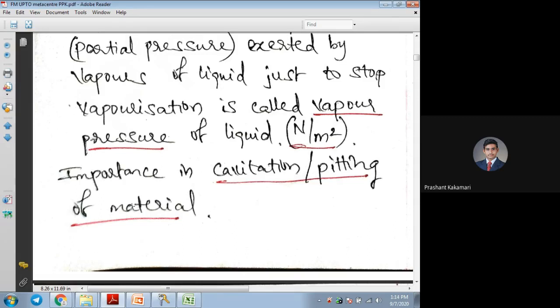But whenever liquid transforms to vapor, all of you know that the volume will increase. As the volume increases from liquid to vapor in a given enclosed channel, pipeline, or container, indirectly the pressure will increase.